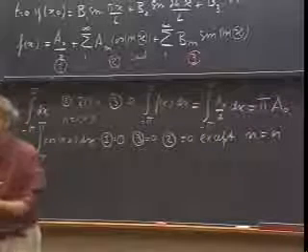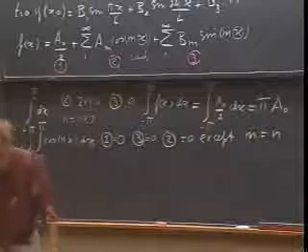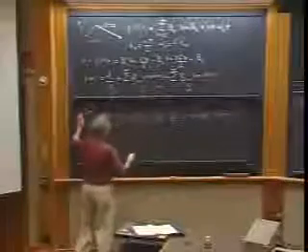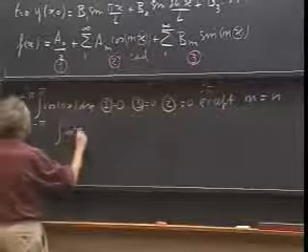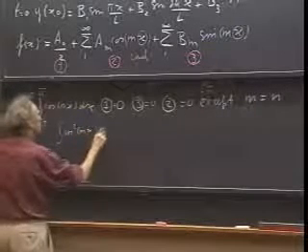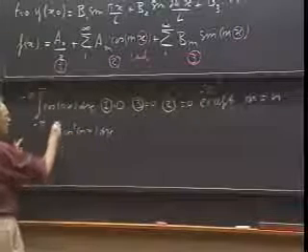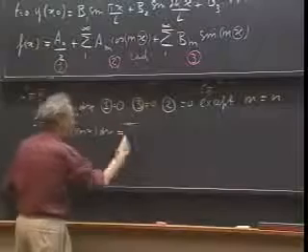And when you integrate a cosine squared, you do not get 0. In other words, if m equals n, you're going to get the cosine squared of m x dx, because m is n, and I must integrate that between minus pi and plus pi, and that equals pi.